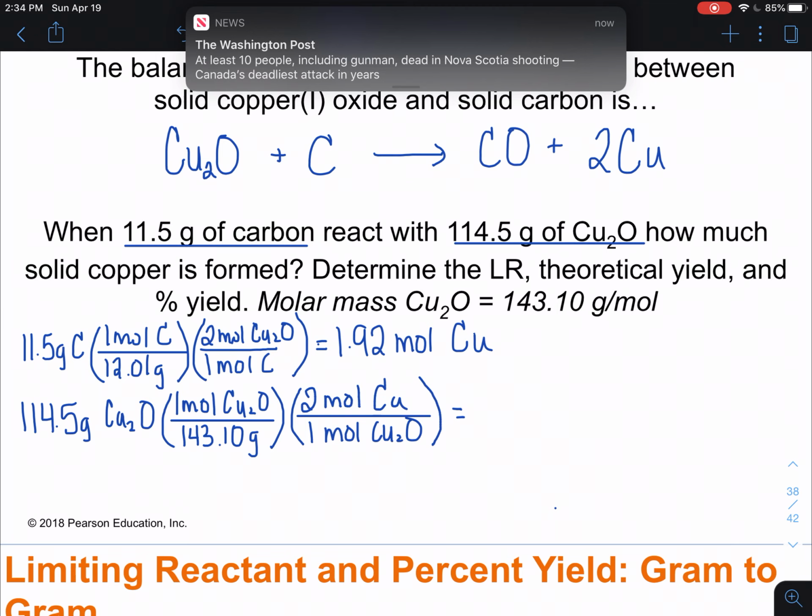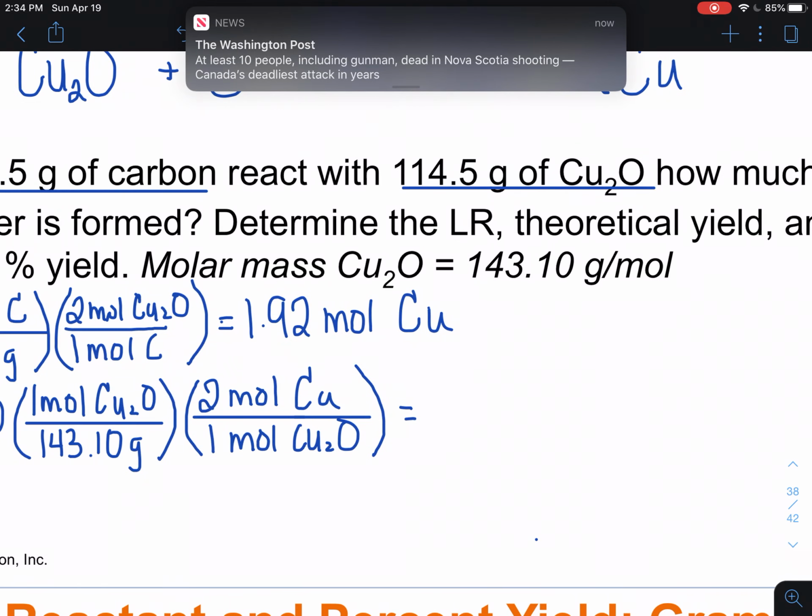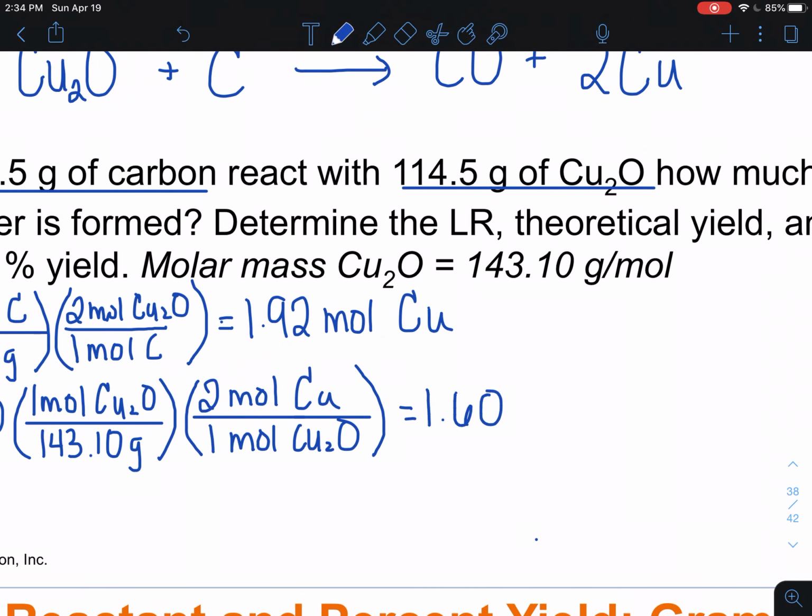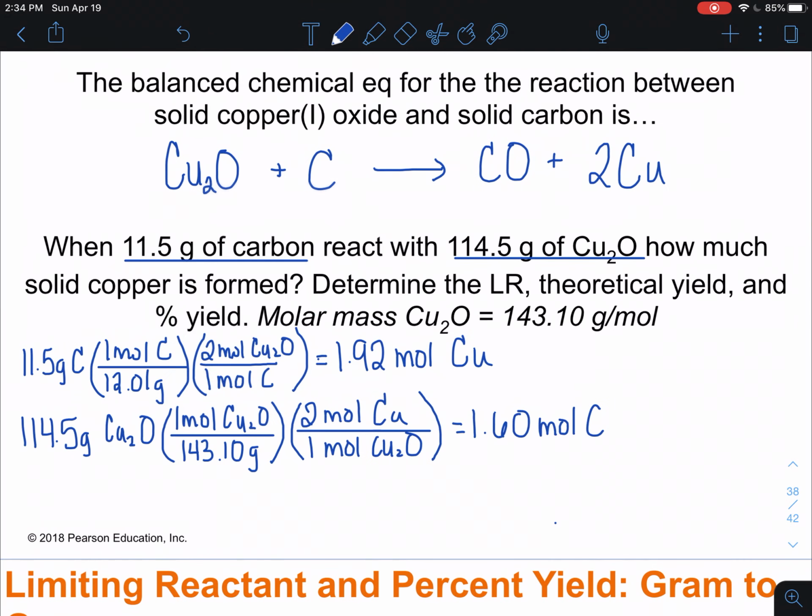And that is going to give us 1.60 mole copper. So, because 1.60 is less than 1.92, our limiting reactant is copper oxide.